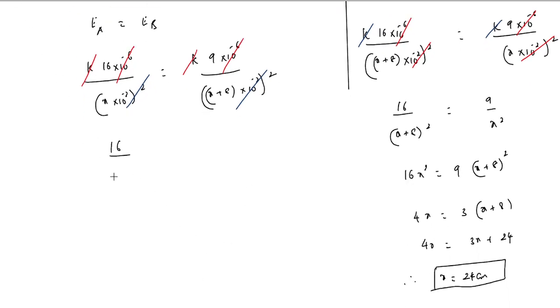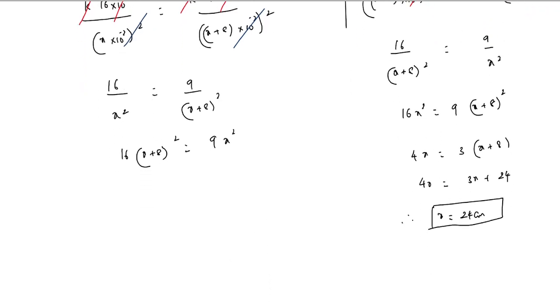So what remains would be 16 by x square is equal to 9 by (x plus 8) the whole square. Again, if you cross multiply, then 16 into (x plus 8) the whole square is equal to 9 into x square. Now from here, if you take a square root on both sides, it becomes 4 into (x plus 8) is equal to 3x, which means if you solve this further, 4x plus 32 is equal to 3x.